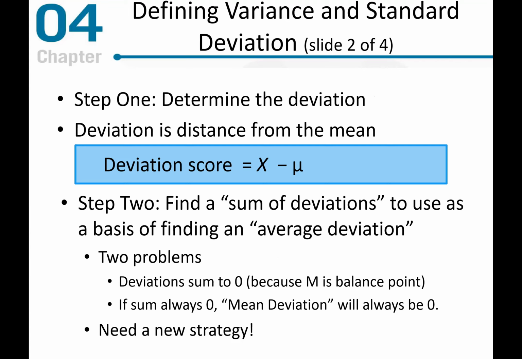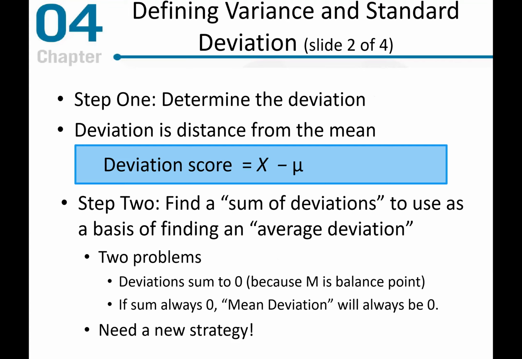All right. So step one, first, we're going to determine the deviation. The root word of deviation is deviate. So deviation is the distance from the mean, how much a score deviates or is different from the mean.